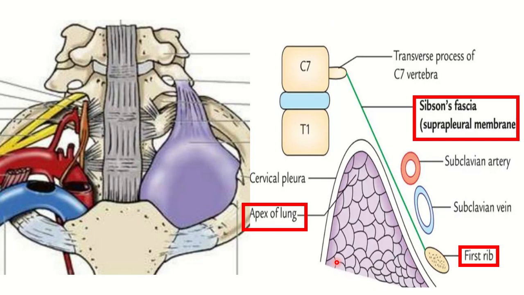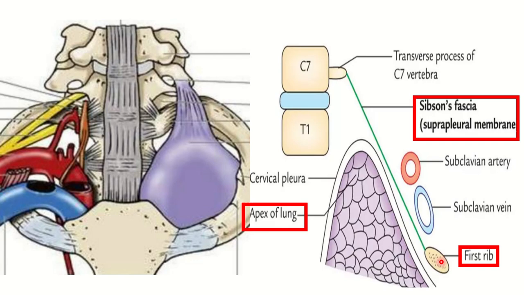So let's see here. Here we can see this is the root of the neck, and first of all we can see the lungs covered by the pleura, and this pleura is connected by this membranous structure. And in the second picture we can see the lungs here, and outside the lungs there is pleura, that means the cervical pleura here, and this is the first rib.